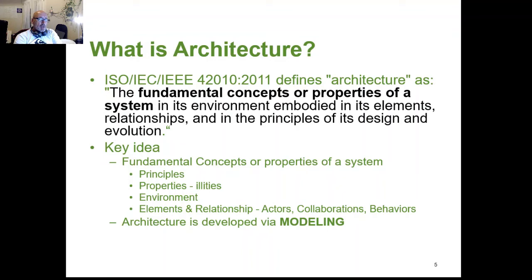Firstly, it's guided by principles. Principles are an incredibly important part of architecture, because they are the guiding directions that provide the guardrails for architecture. There are different types of principles. There are business principles that guide the business architecture, and there are principles that guide the IT architecture.